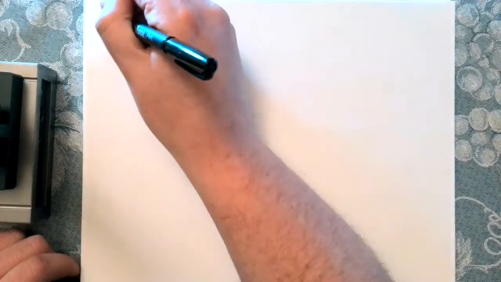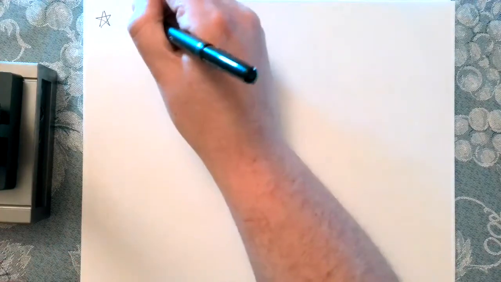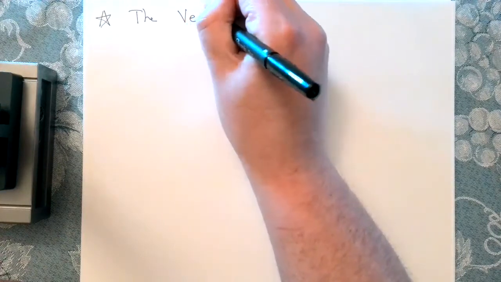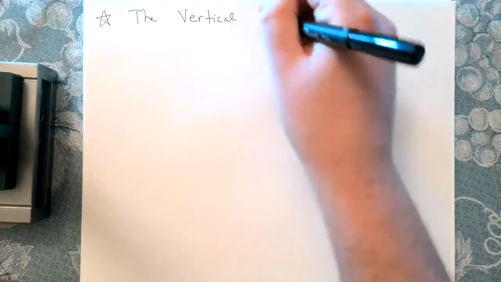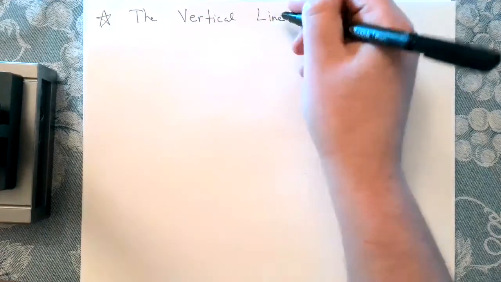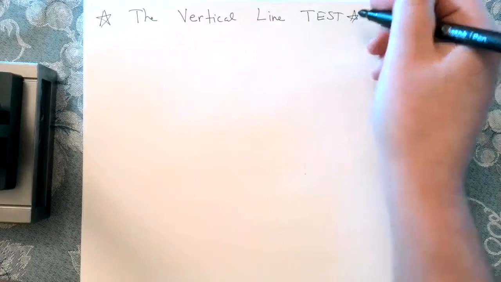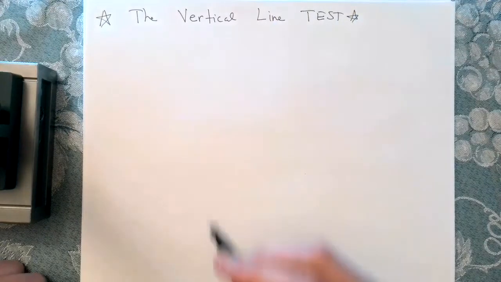Okay, so now we want to develop a test to determine if a relation is a function. This is going to be the classic vertical line test. And it says the following.